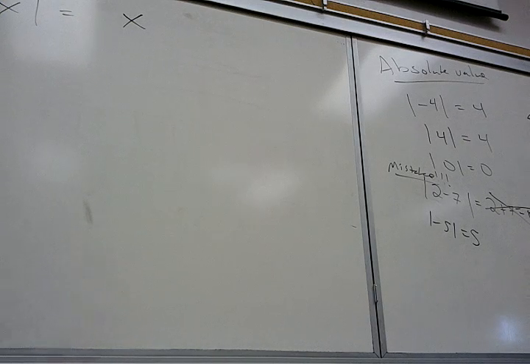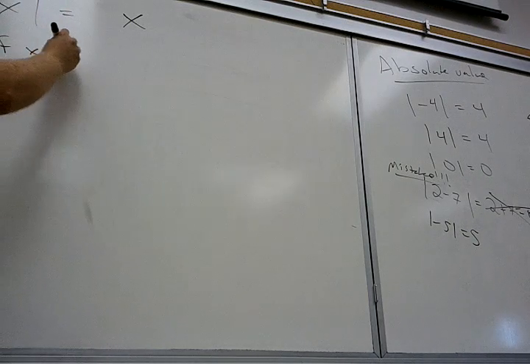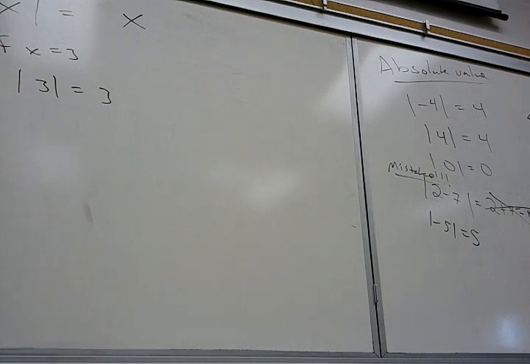Think about it. What could x itself be? Anything. It could be 3, in which case the absolute value of 3 is 3. But what if x is negative 3? Then this says the absolute value of negative 3 is negative 3. Is that true? No.